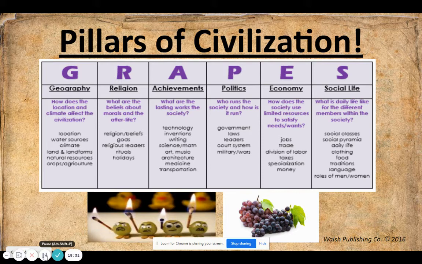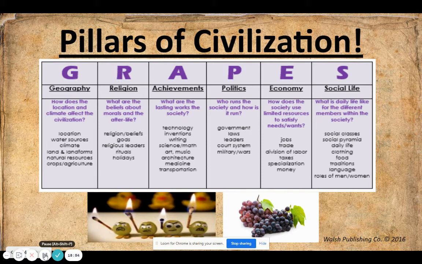So what are the lasting works of a society? What did that society or that civilization invent or discover? So anything about technology, inventions, the forms of writing that were invented, the science and math discoveries, art, music, architecture, medicine, and transportation, all of those inventions made that civilization grow and be successful.